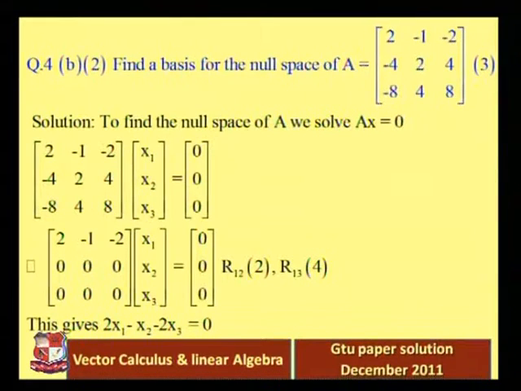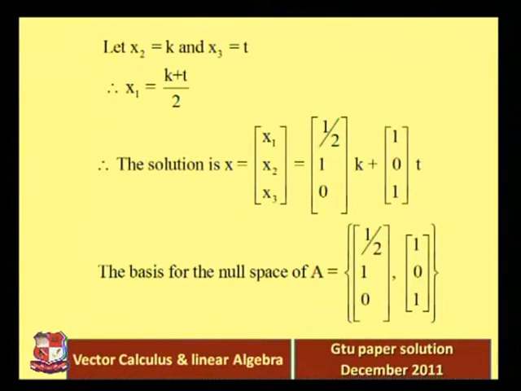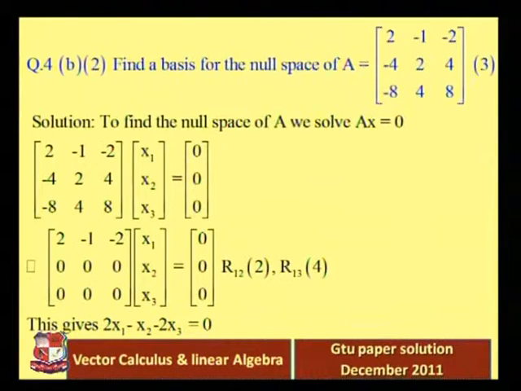The second column is for x2 and the third column is for x3. So we let x2 equal k and x3 equal t. Using that, we get x1 equal to k plus t by 2 from the equation 2x1 minus x2 minus 2x3 is equal to 0.